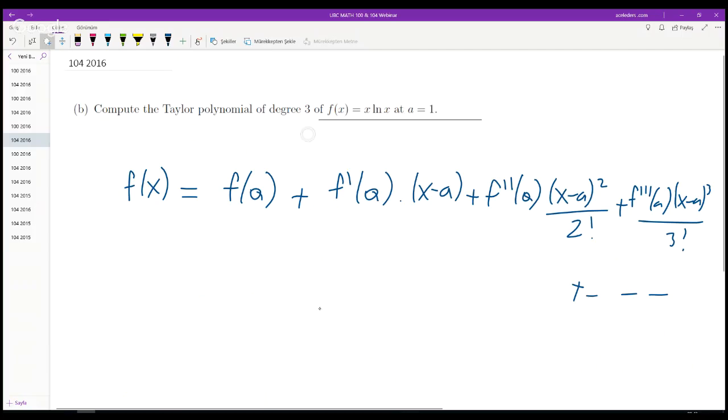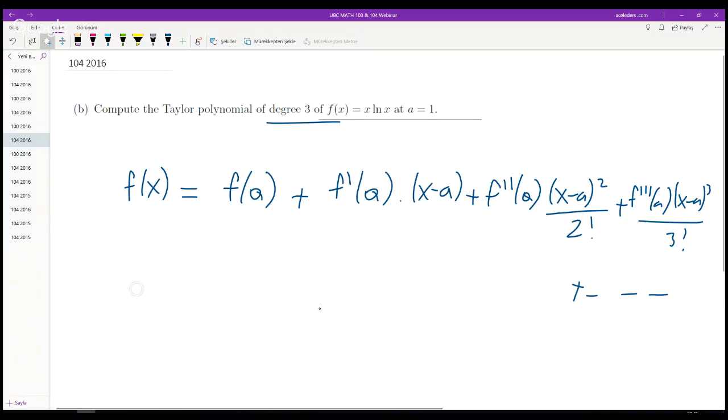So we need to find the first 4 terms, because we are required to find the Taylor polynomial of degree 3. It means the first 4 terms.